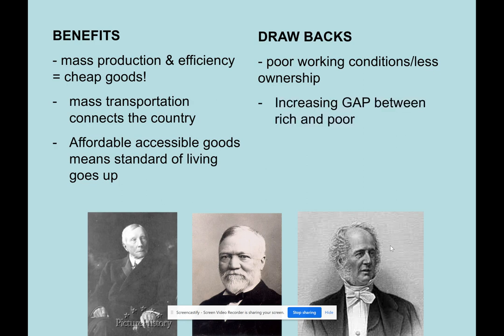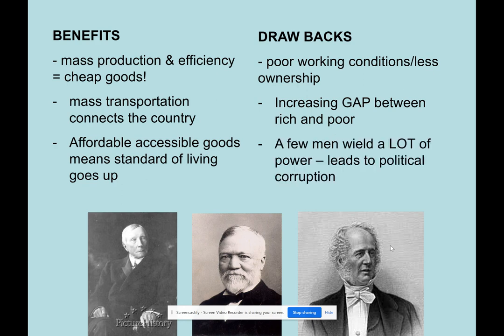Another drawback is there is an increasing gap between the rich and the poor. So you're going to see a few guys accumulate a lot of wealth during this period. And then there are a lot of people who have very little. So that is an issue that we're concerned about. And one of the results of that is that a few men wield a lot of power, which leads to political corruption, right?